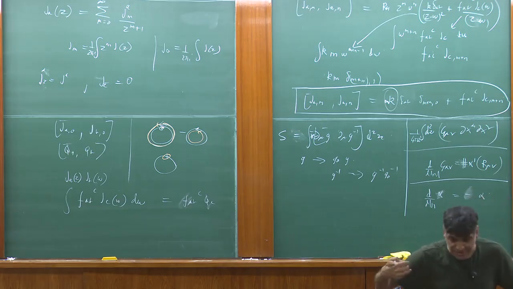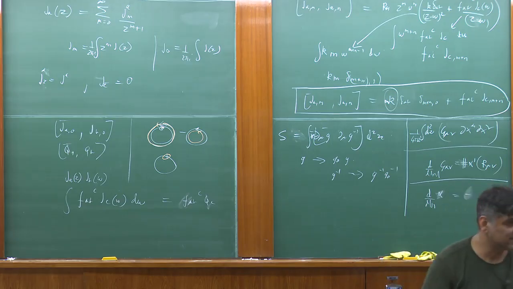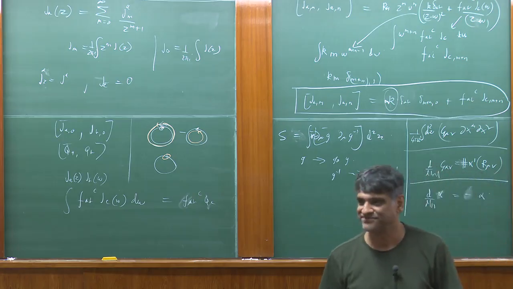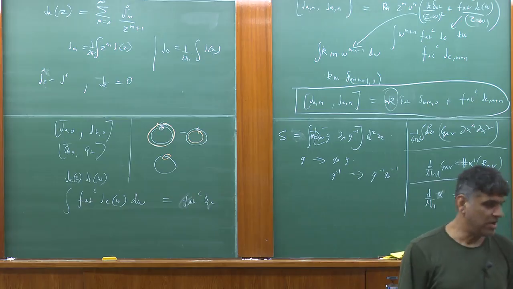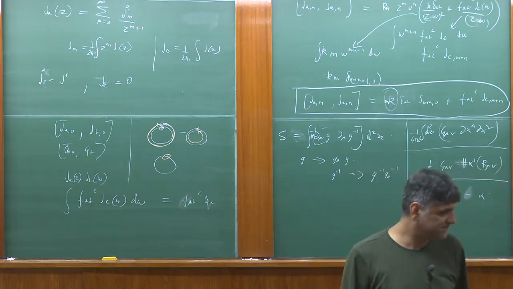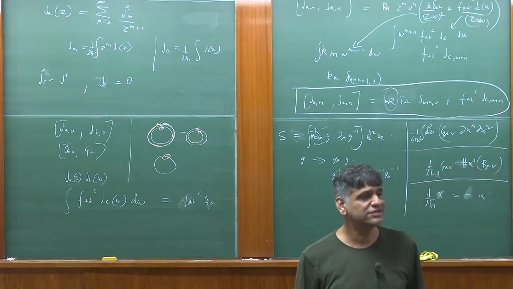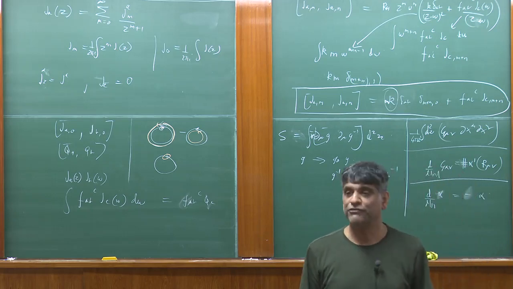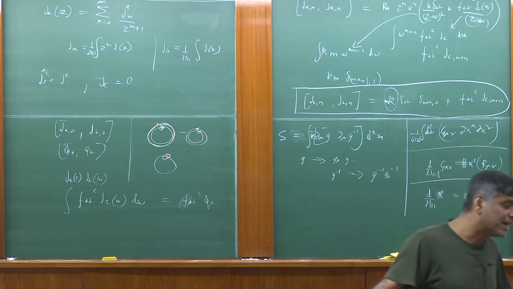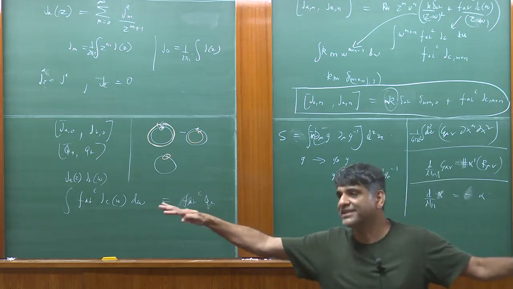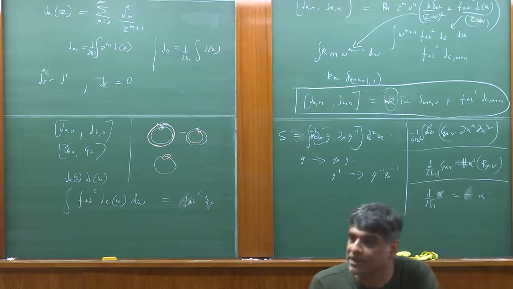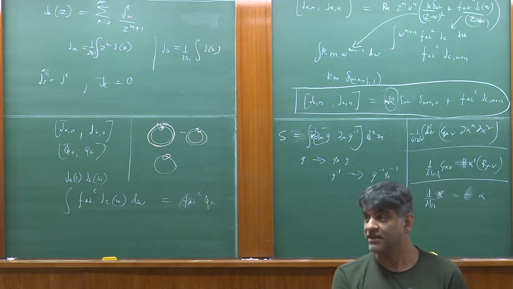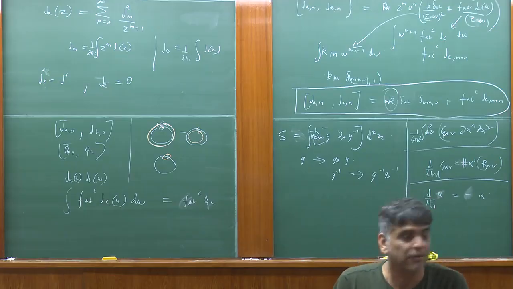That is, as you go towards the IR, the sphere starts shrinking. Now, a very large sphere is hard to distinguish from just flat three-dimensional space. So a very large sphere you should think of as a very weakly coupled theory, because it's very near to the free theory, namely the sigma model in flat three-dimensional space. A very small sphere, on the other hand, is very different from flat three-dimensional space.